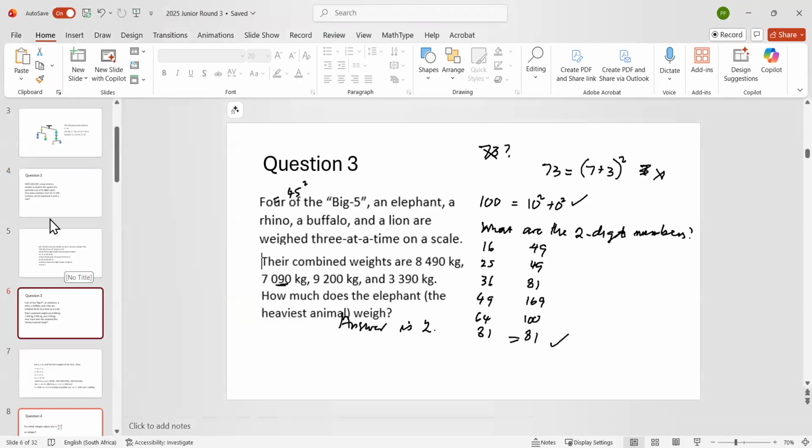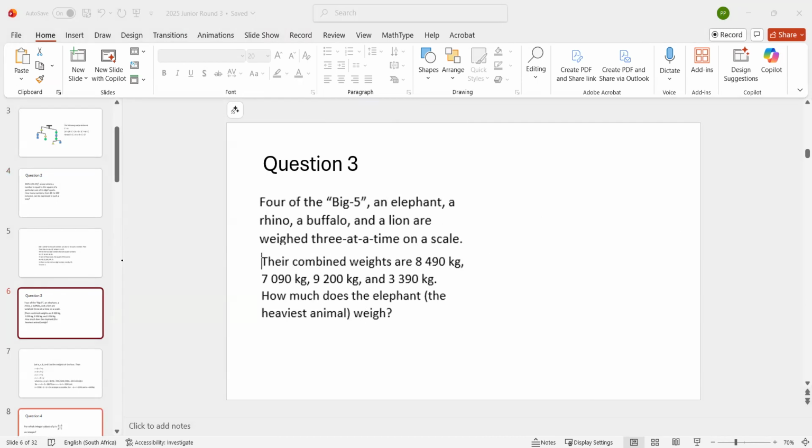Now, the third question says 4 of the big 5. Okay. Now, the big 5 are the animals in Kruger National Park or any game reserve, and they are identified as the rhino, a buffalo, and so on. Let's see.